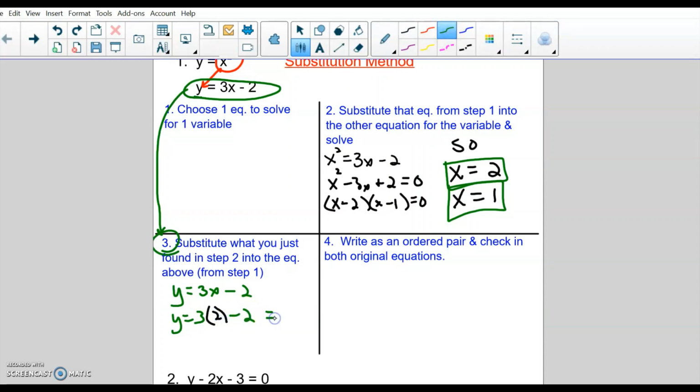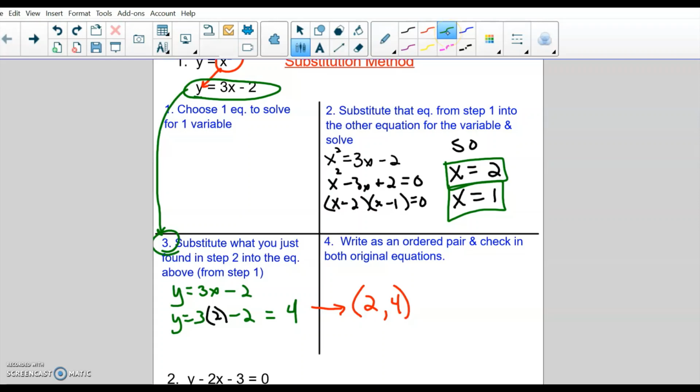That comes out to be 6 minus 2, which is 4, which gives us one of our answers. The x value we used was 2. The y value we found was 4. So that's one of our two answers for our intersecting parabola and line.